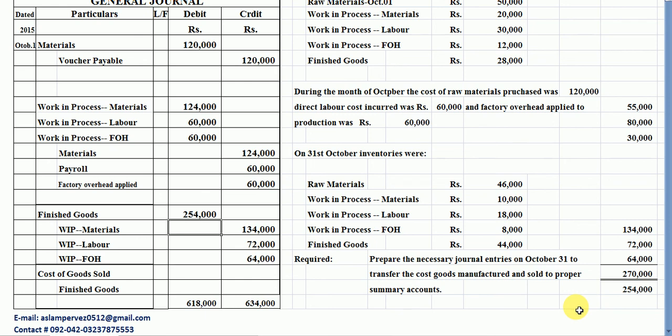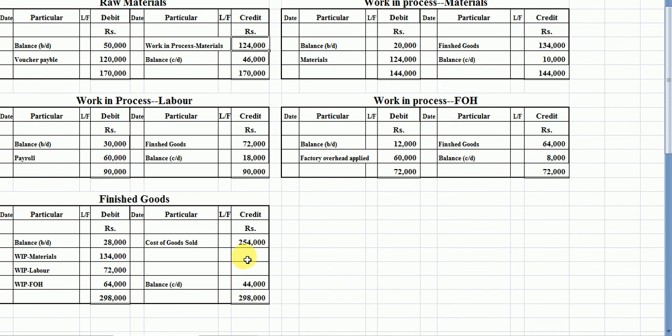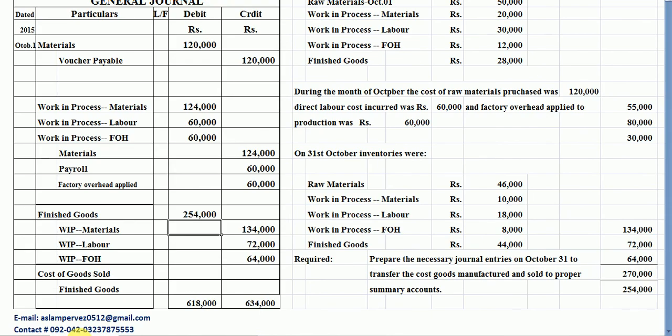Now, what is the amount of cost of goods sold? Which you can see here. This is the 2,54,000 rupees as a cost of goods sold here. So here is a mistake, 2,70,000 rupees, 70,000 rupees here.